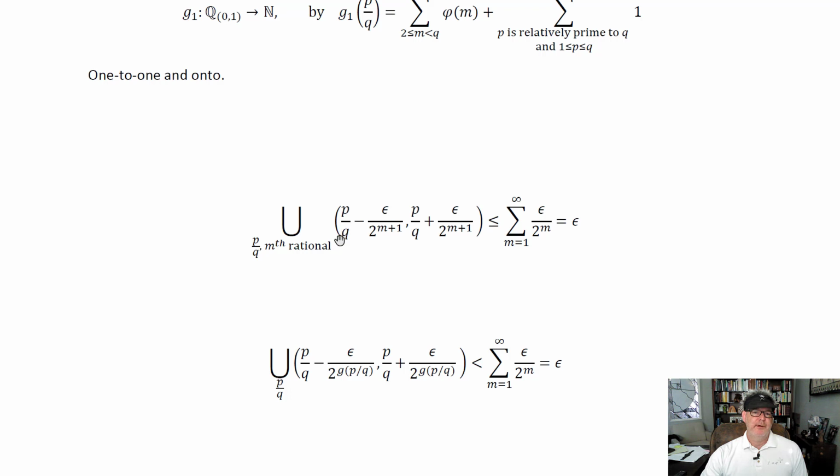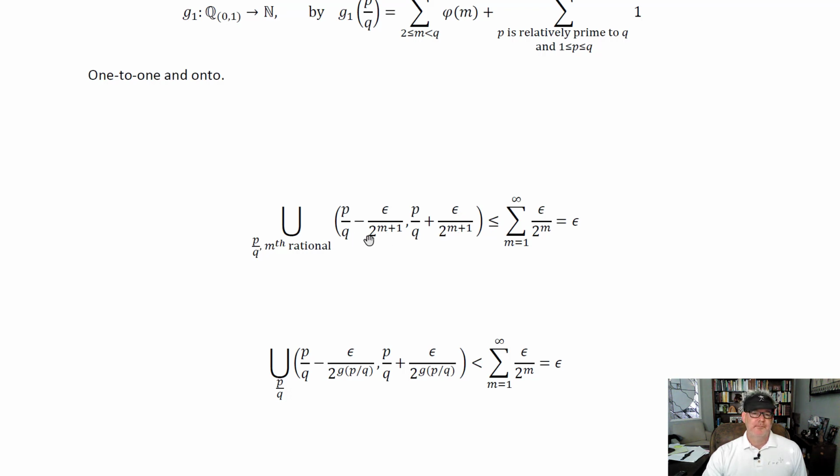So if p over q is your center, you subtract epsilon over 2 to the m plus 1, where p over q is the mth rational, plus epsilon over 2 to the m plus 1. So that's an interval centered at p over q, whose radius is epsilon over 2 to the m plus 1, or whose diameter is epsilon over 2 to the m.